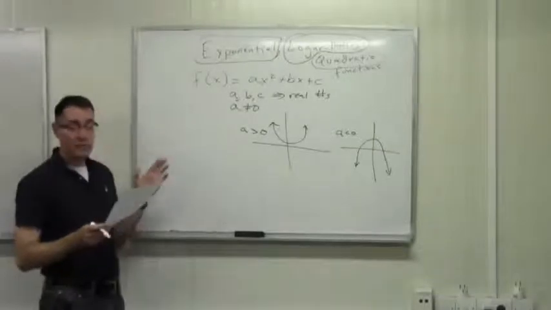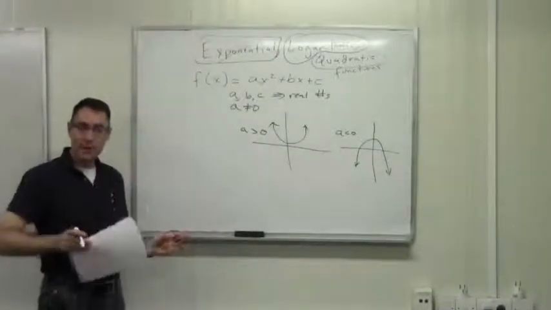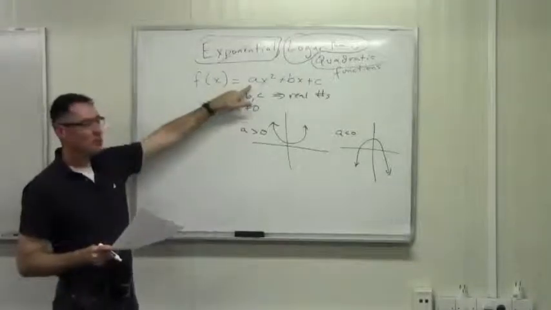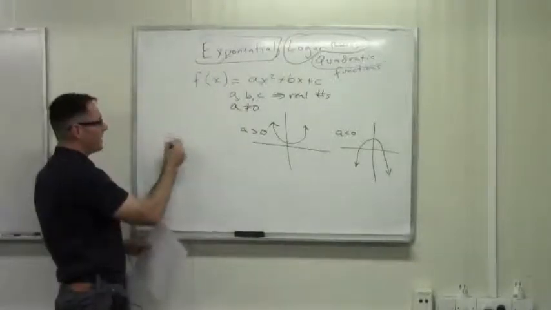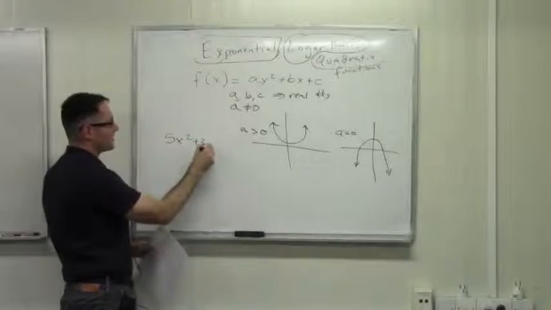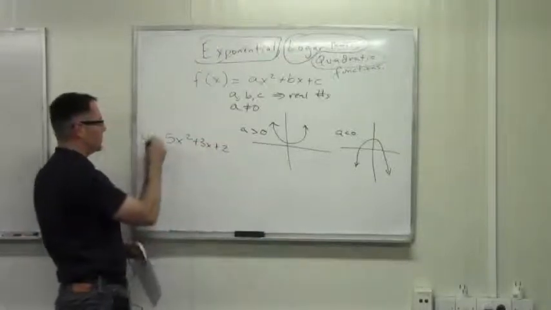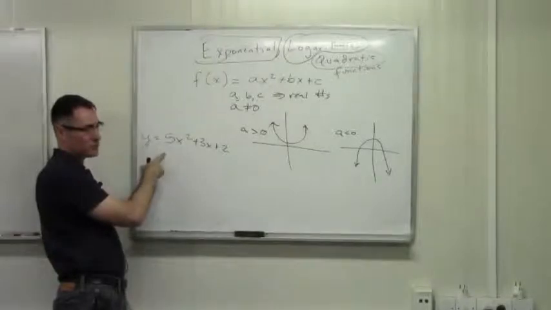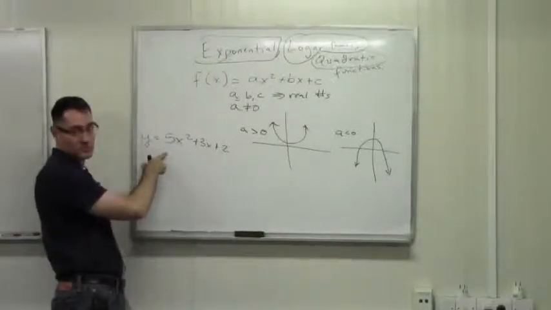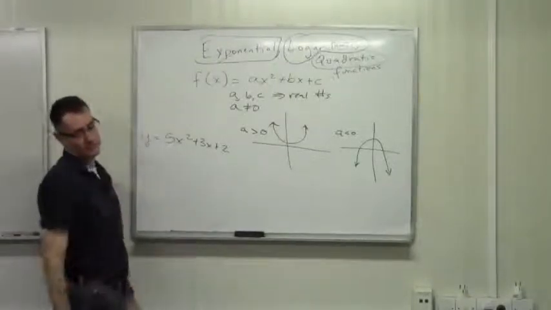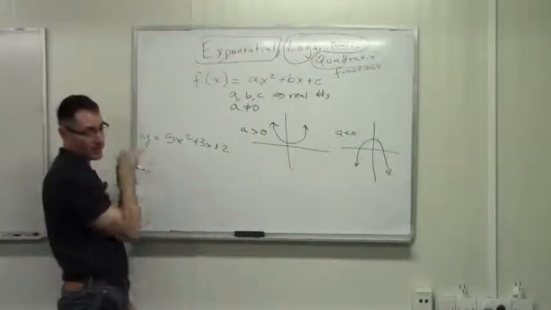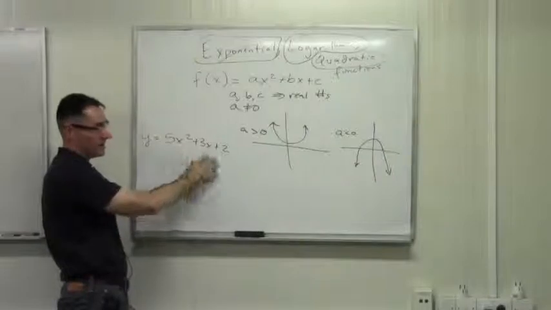So if I ask you on a homework or on a test and you see it in this form, like y equals 5x squared plus 3x plus 2, this is a parabola. Does it face upwards or downwards? Faces upwards. Check. You just got 2 points. Make sure you remember to solve this just like you had to do for the test, making it equal in the right form.